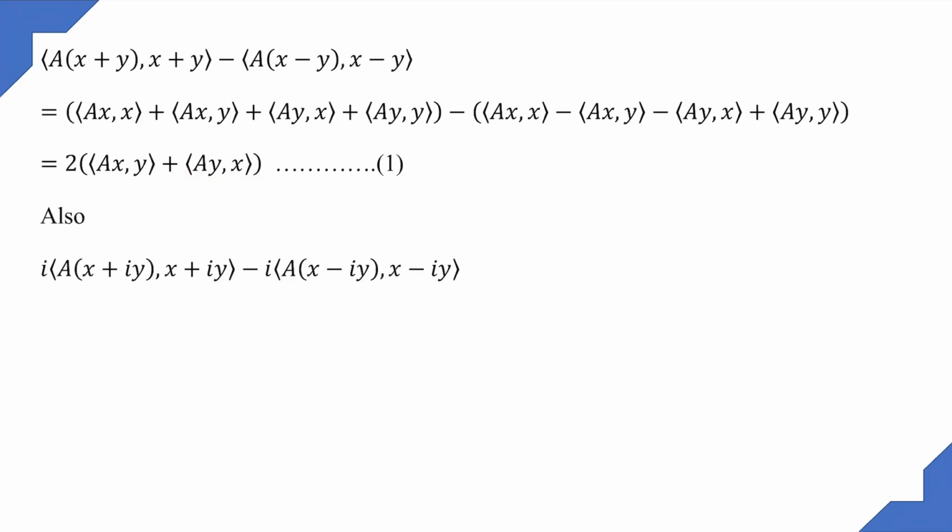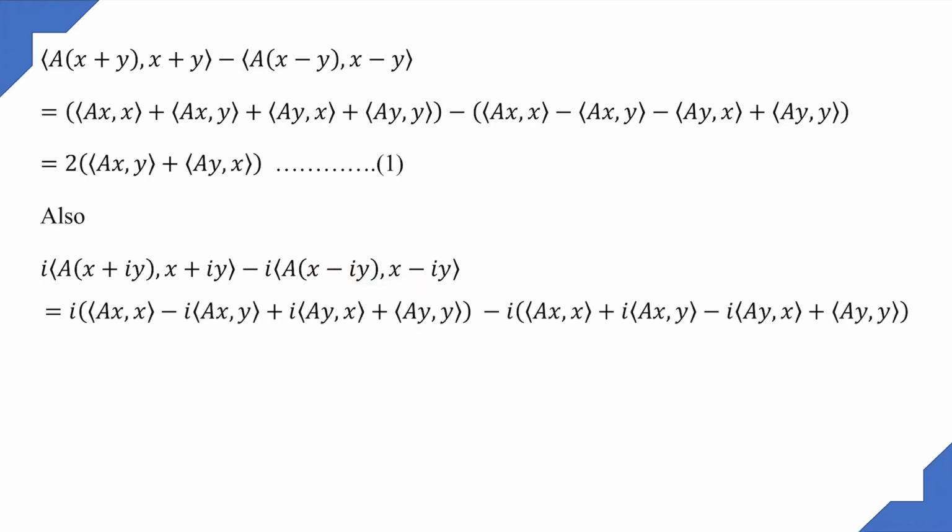Also, I times inner product A of x plus iy minus I times inner product A of x minus iy is equal to, on expanding, we will get I inner product axx minus I inner product axy plus I inner product ayx plus inner product ayy.